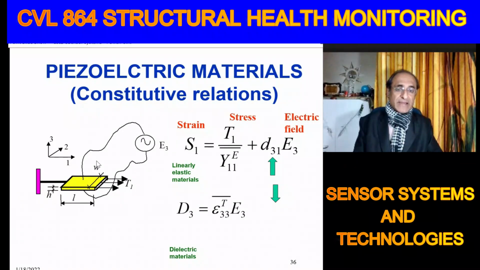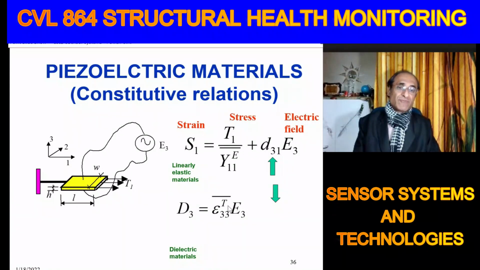What happens in a parallel plate capacitor? If you apply an electric field, it will undergo accumulation of charges. And we are very much familiar with the equation Q equal to CV. So basically this equation D3 equal to epsilon 33, again with a superscript and a bar, multiplied by the electric field is the same.